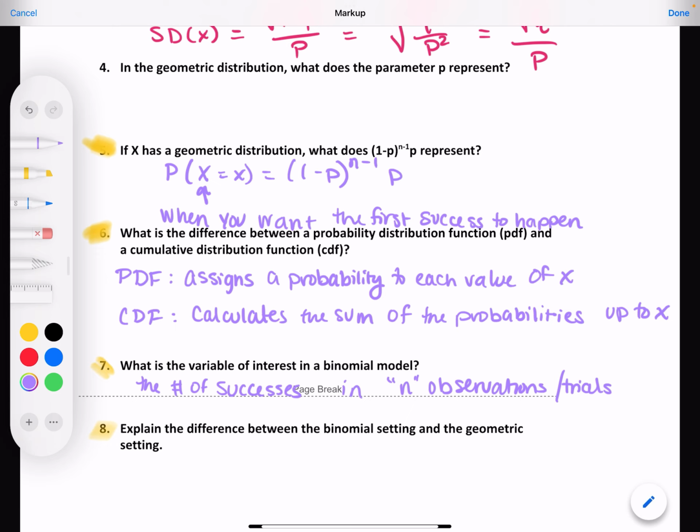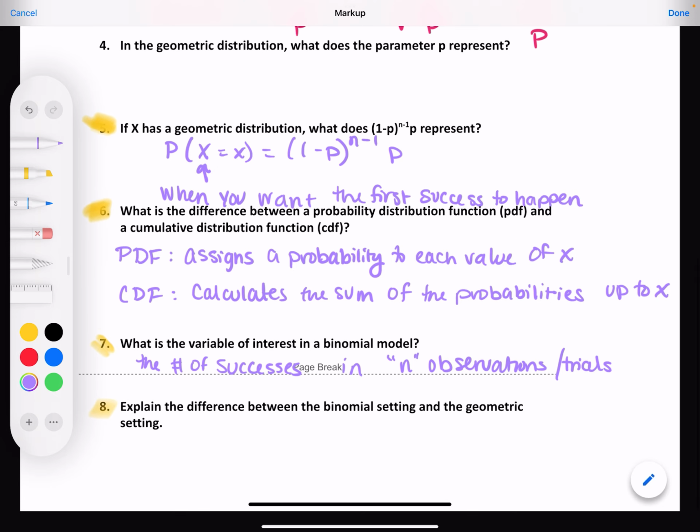So then with 8, explain the difference between the binomial setting and the geometric setting. One asks for the number of trials and the other one does not. Okay, so for binomial, we have a fixed number of trials, or observations, and we count the number of successes.